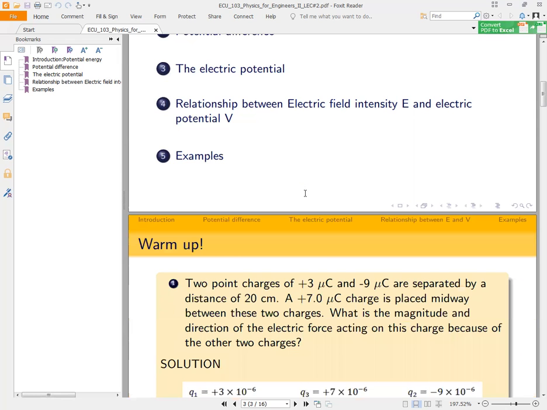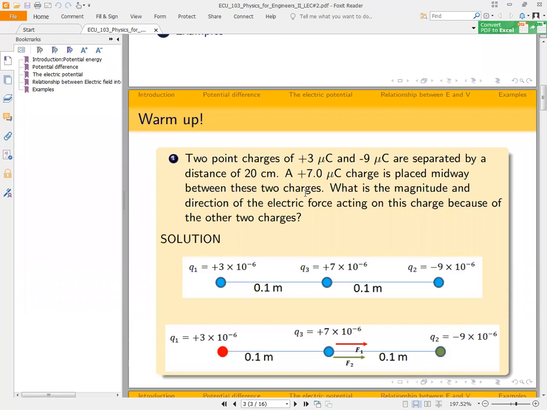First and foremost, it's good to remind ourselves of what we did in the previous lecture. If you can recall, we looked at Coulomb's law. We defined how forces behave between charged particles, and what happens with the distance between the charged particles.